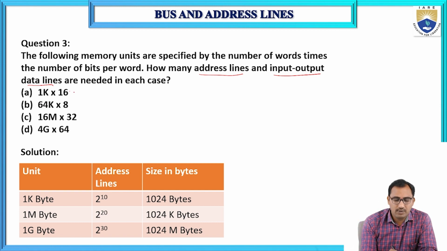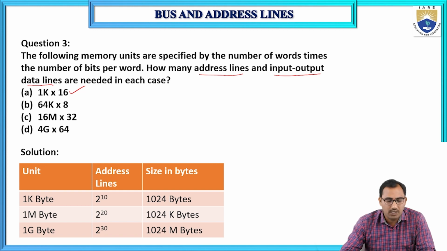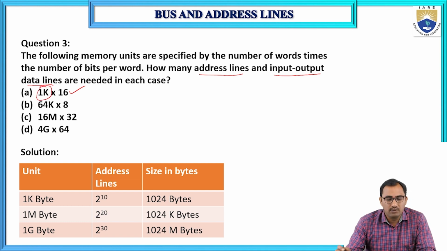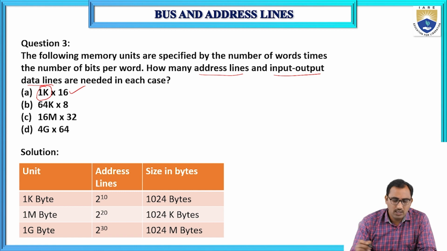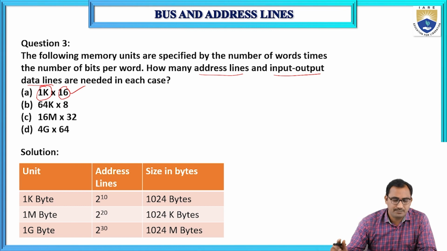The first one is 1K by 16. The first number represents the number of memory locations, and the second one represents the word size, that is, how many bits we are storing in every memory location.